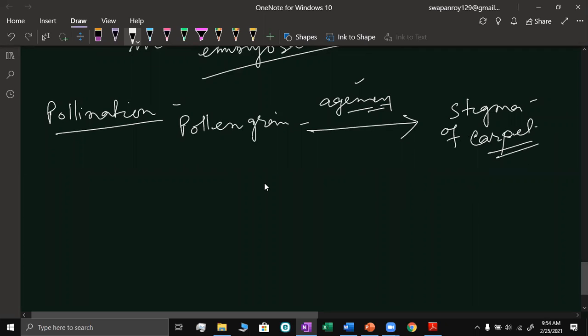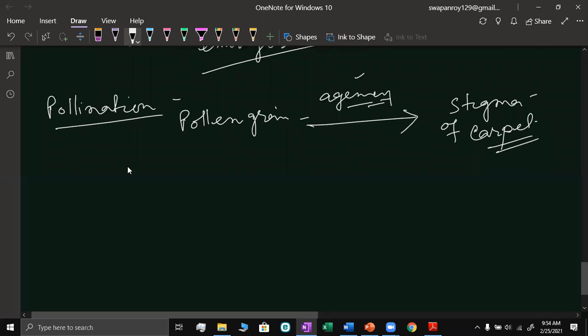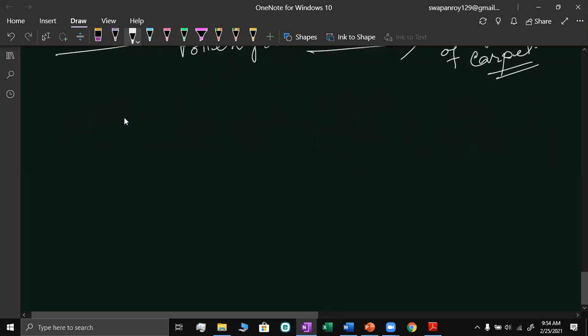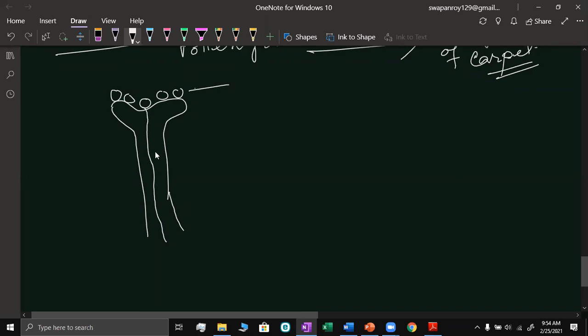Okay, the pollen grain germinates. The pollen grains that are deposited on the stigma germinate by producing a pollen tube.